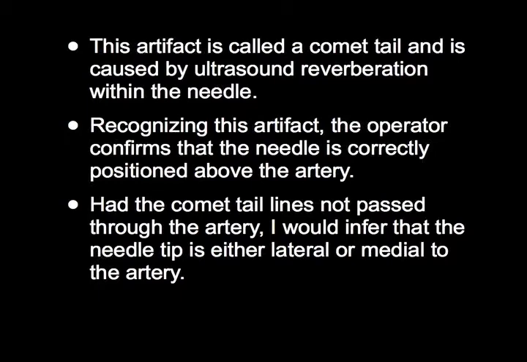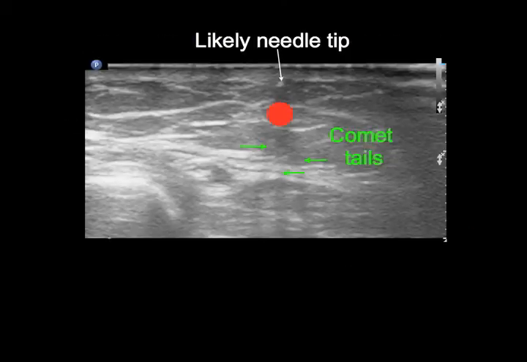Recognizing this artifact, the operator confirms that the needle is correctly positioned above the artery. Had the comet tail lines not passed through the artery, I would infer that the needle tip is either lateral or medial to the artery. The comet tail lines are indicated by the green arrows. You can see that these hypoechoic lines are passing right through the artery, suggesting correct needle tip location.